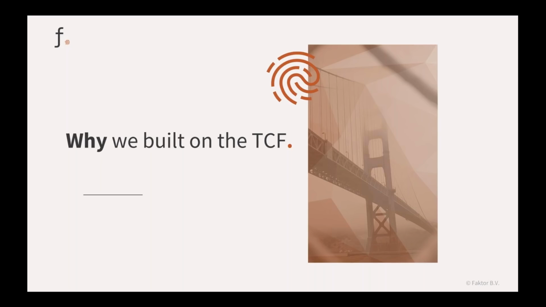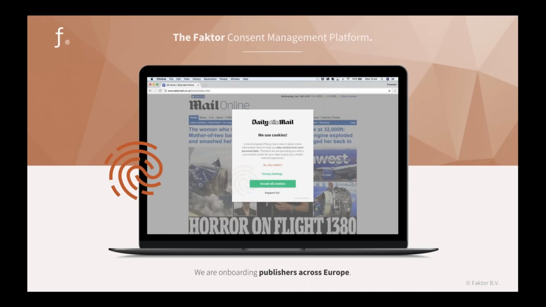It will cover about a third of the screen, and won't block the user from the content of the site, but will be persistent. Another feature of the Factor CMP is that we offer a small fingerprint on the left bottom of the page that the user can click on to always have their consent preferences available.